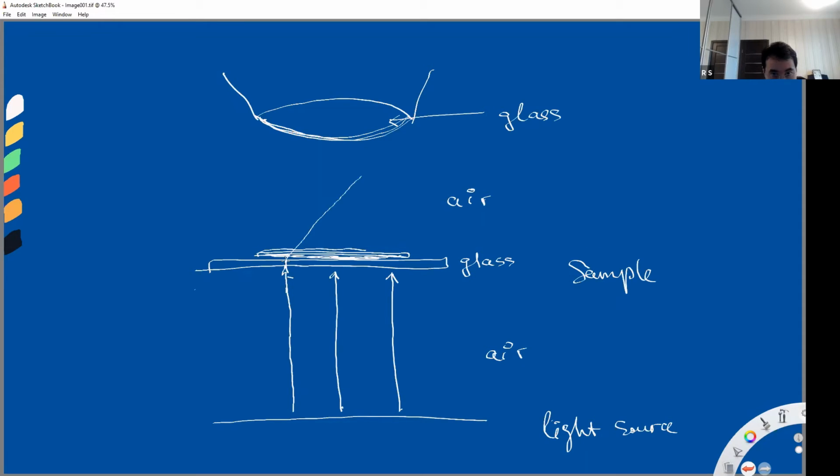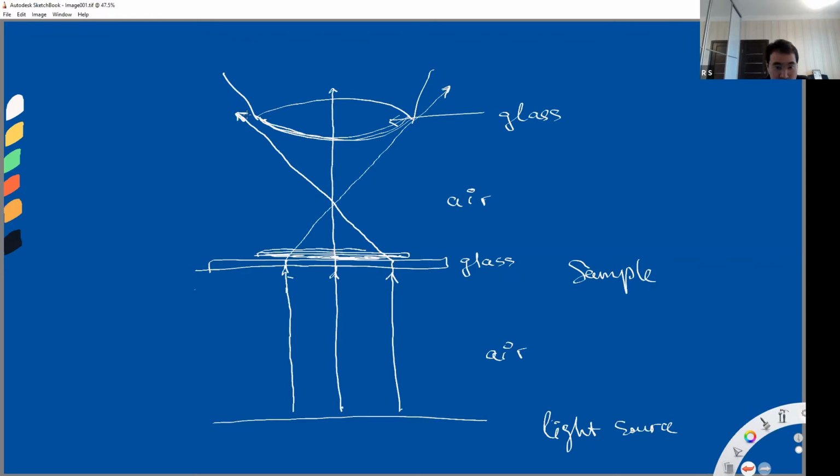So it goes the other direction that we lose. And it means that we do not collect all the information that comes through the sample. So let's say only the perpendicular rays will still go through and we can collect them. But the ones from the sides will be refracted, and we will lose this information.